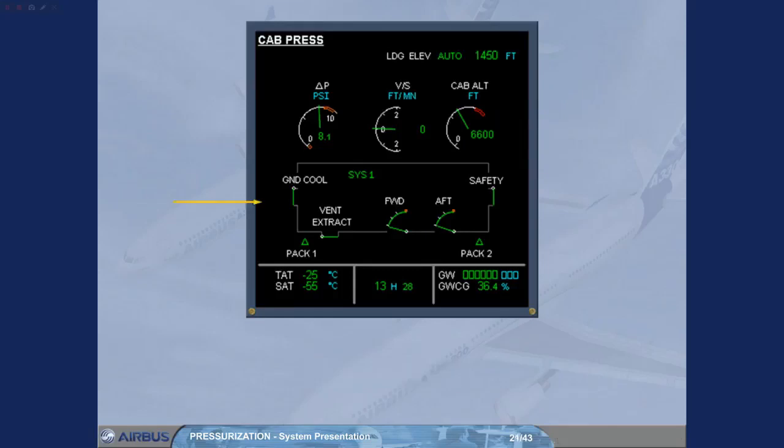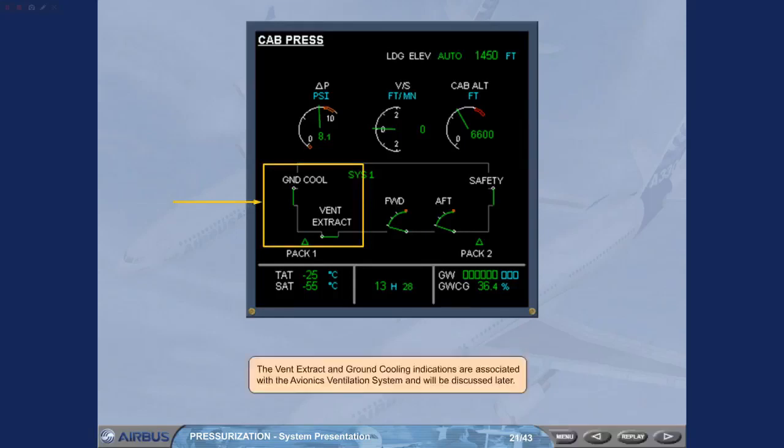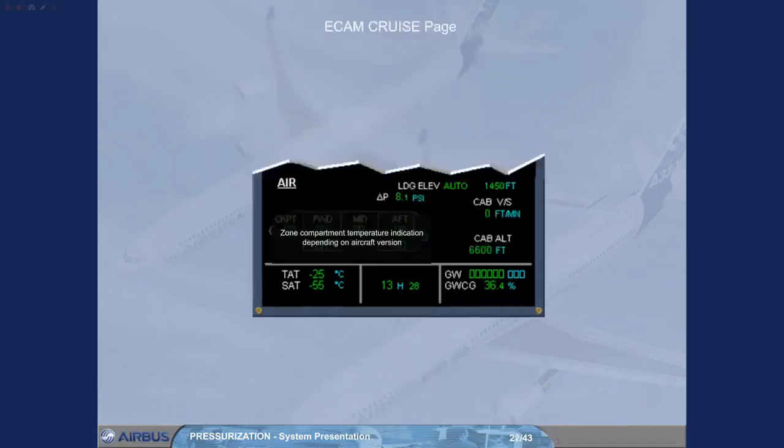The vent extract and ground cooling indications are associated with the avionics ventilation system and will be discussed later. On the Ecam cruise page, there are indications of cabin differential pressure, cabin vertical speed, and cabin altitude.